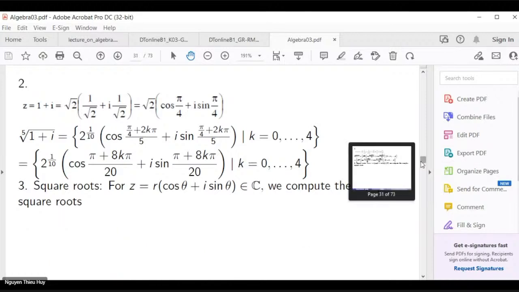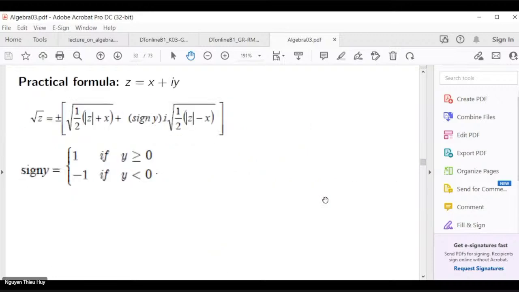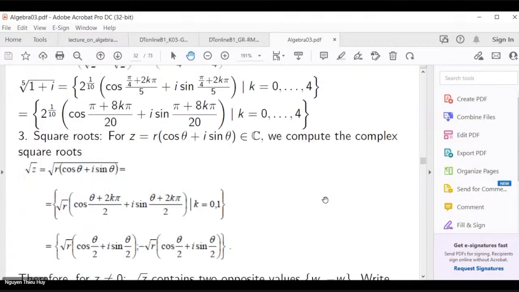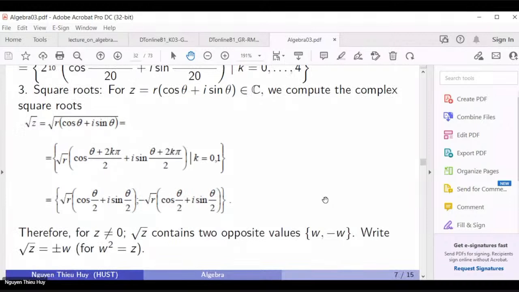Okay, you see here that when k equals 0, it has the form square root of r times cos theta half plus i sine theta half, and when k equals 1, you obtain cos of theta plus 2 pi over 2. So this means cos of theta half plus pi plus i sine of theta half plus pi.